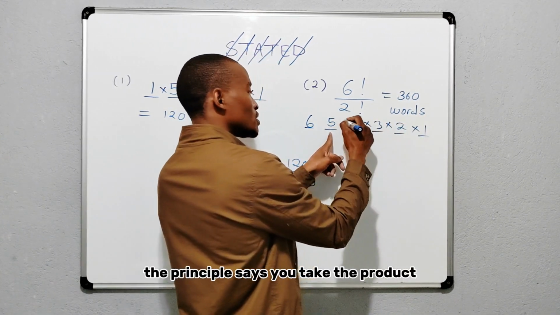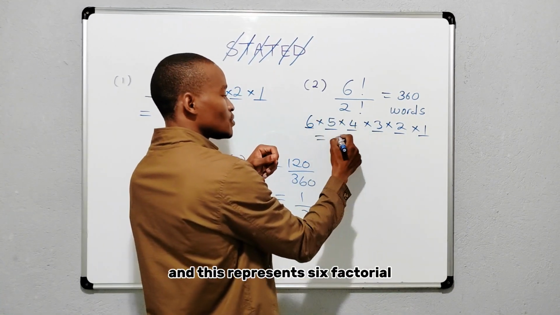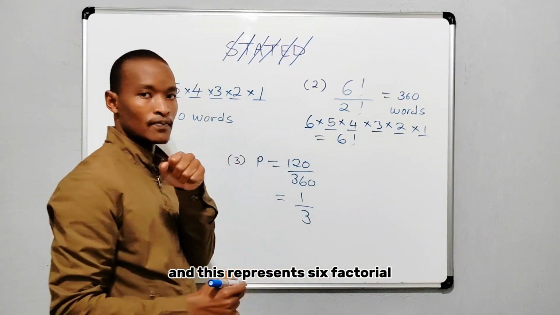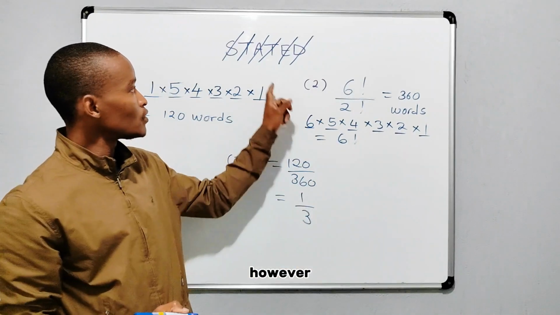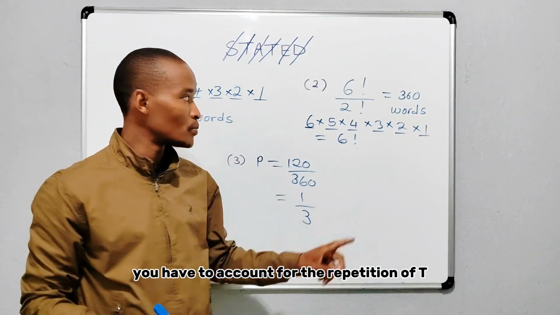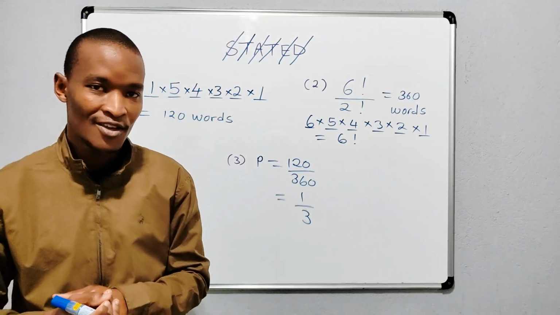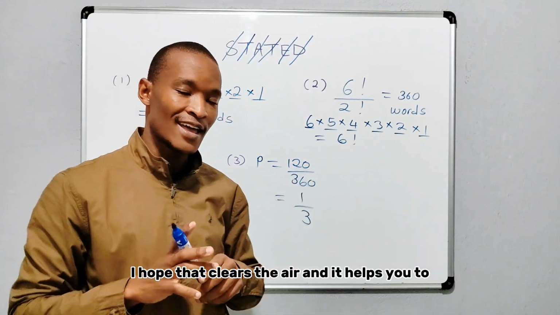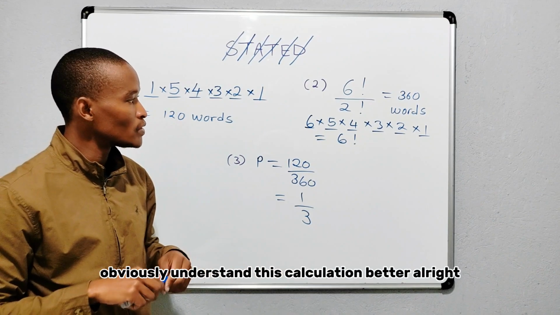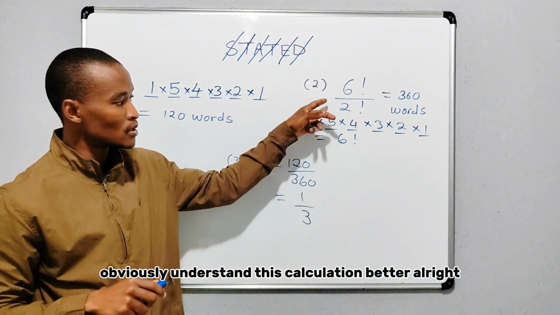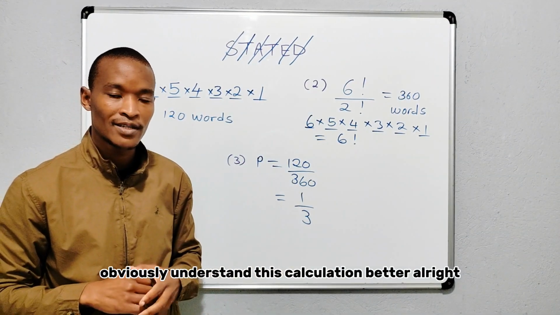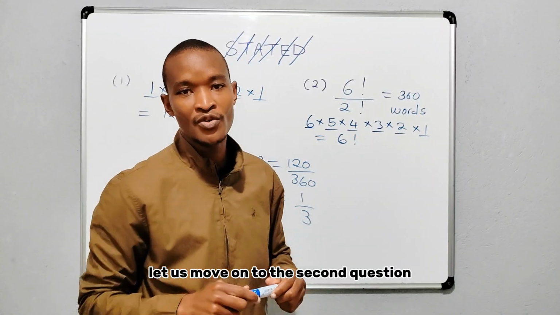The principle says you take the product, and this represents 6 factorial. However, you have to account for the repetition of T by dividing by 2 factorial. So I hope that clears the air, and it helps you to understand this calculation better. All right, let us move on to the second question.